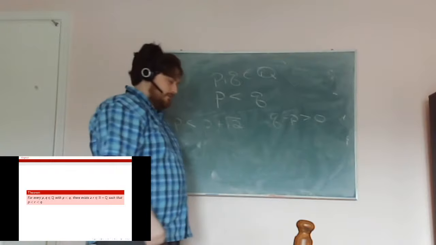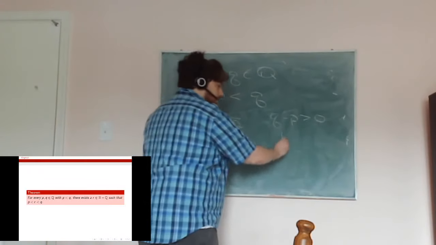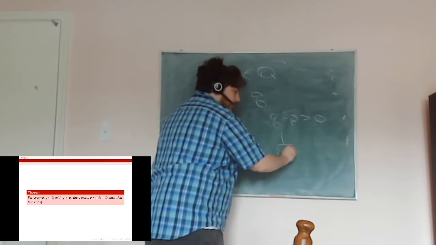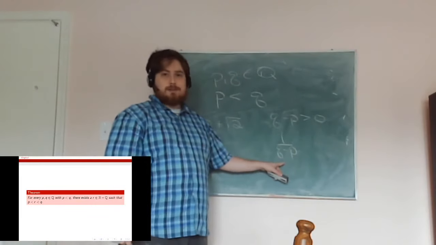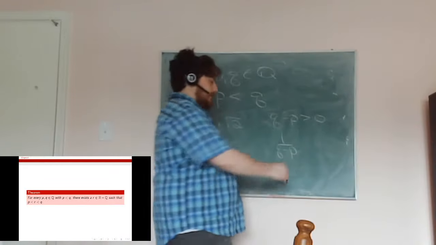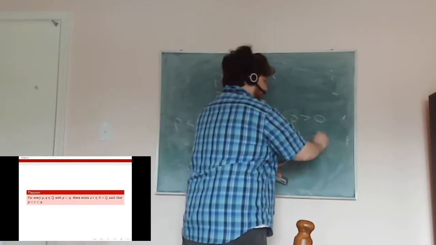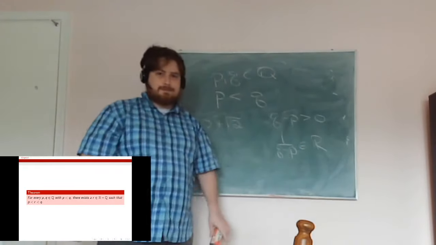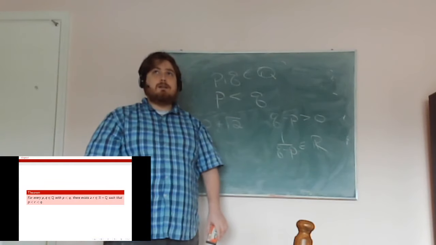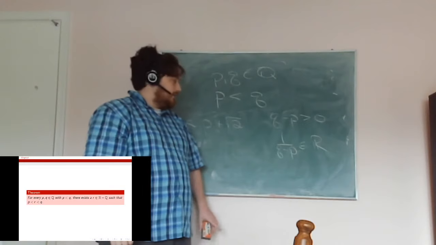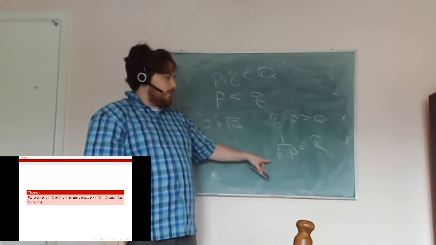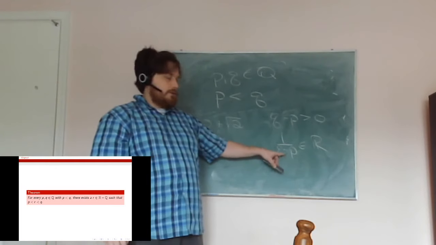All right. So here's the thought process. If I take 1 over Q minus P, this is greater than 0. What is this going to be? This is going to be a real number, right? With that in mind, this is a real number. Can I find something bigger than this?